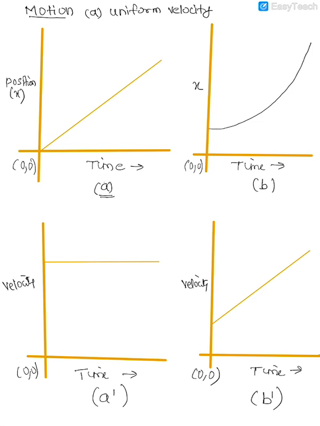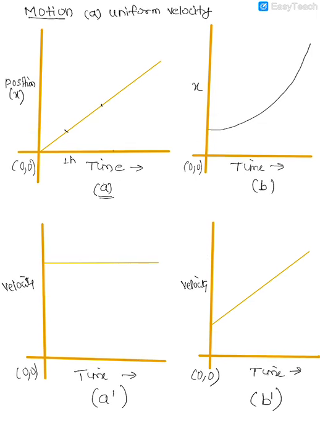So for example, if the body is over here at time 1 hour, and if the body moves to this position in time 2 hours, and the body moves to this position in time 3 hours, you will find that the body has covered equal displacements in equal intervals of time.